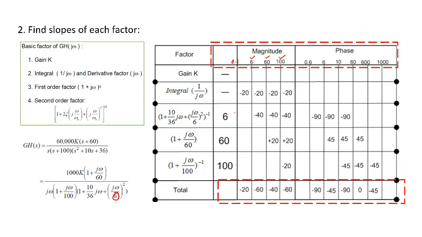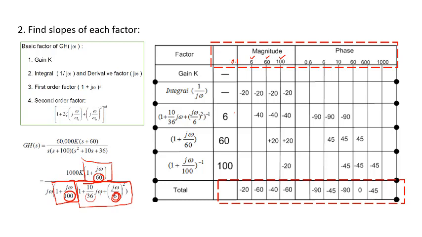Okay, so for this second order, the lowest corner frequency is 6, and this first order is 60, and the third one is 100.